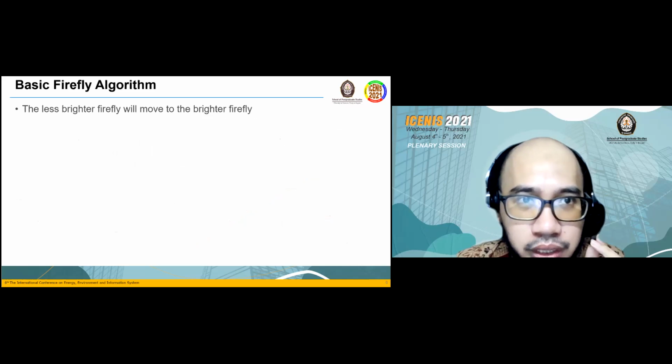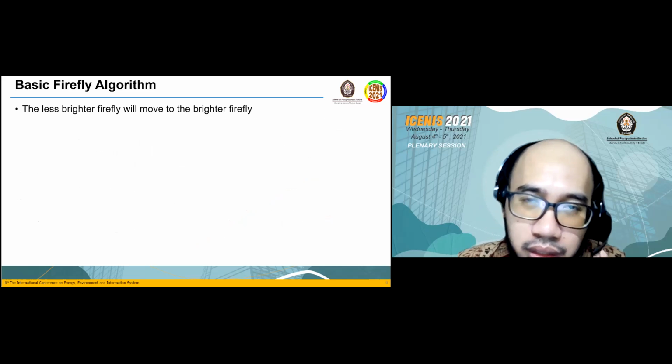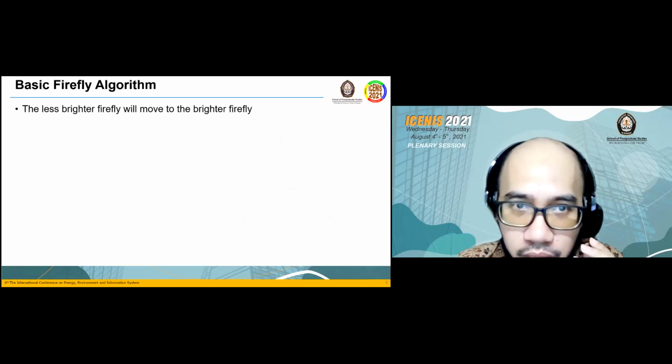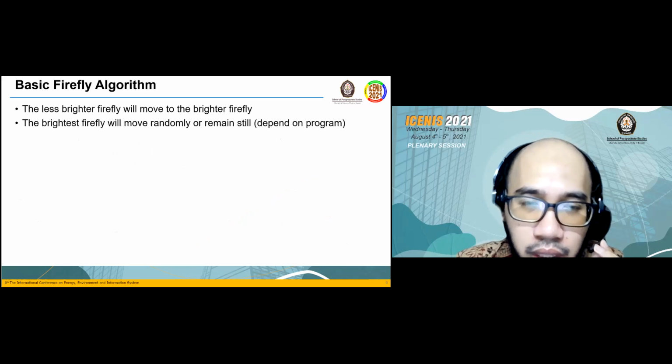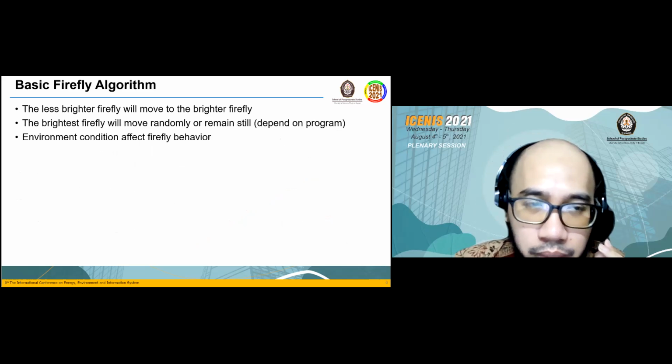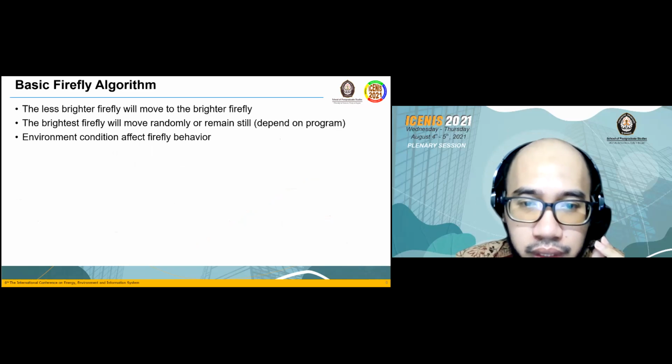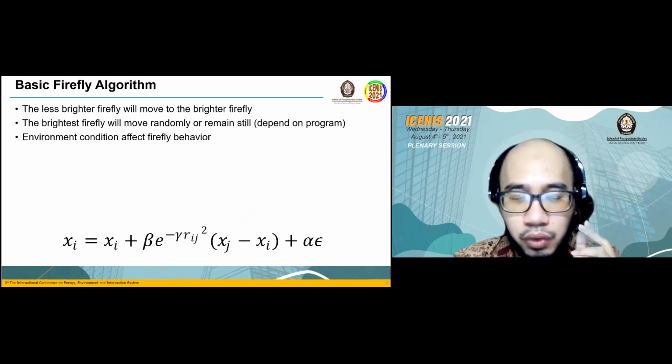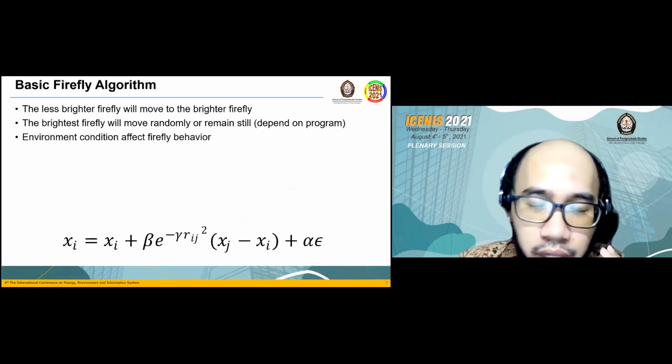This is the basic of the firefly algorithm, where the less bright firefly will move toward the brighter firefly. The brighter firefly will move randomly or remain still depending on the program. This is the formulation for the basic firefly algorithm.